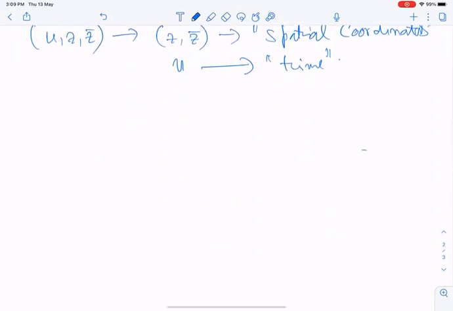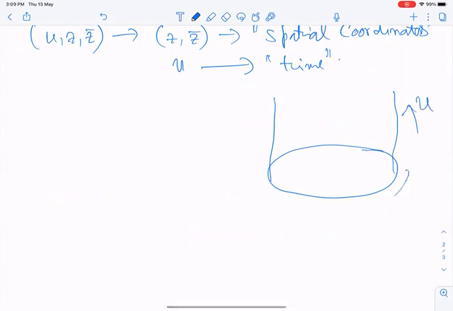If I draw this, this is like a cylinder. This is the u direction, and this is like z and z bar. So the way particles move is like this. They sit at one point.